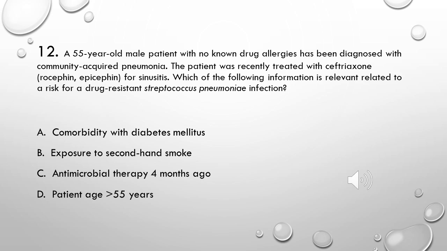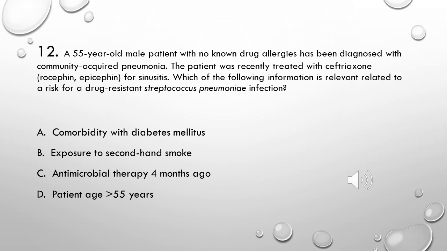The patient's age of 55 years and a history of antimicrobial therapy within the 4 months before do not increase the risk for DRSP. We are currently living through an antibiotic resistance crisis, mainly because antibiotics tend to lose their efficacy over time due to the emergence and dissemination of resistance among bacterial pathogens, principally caused by the overuse and inappropriate use of antibiotics.